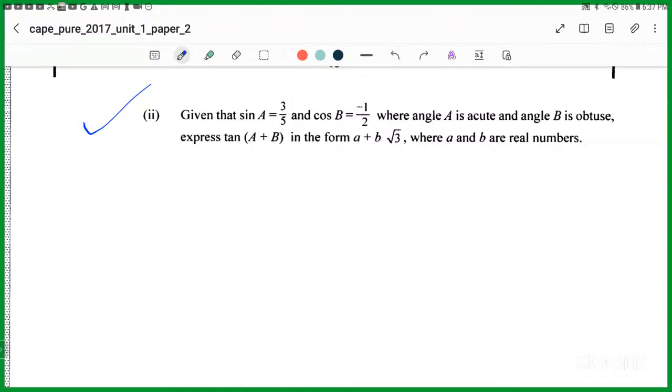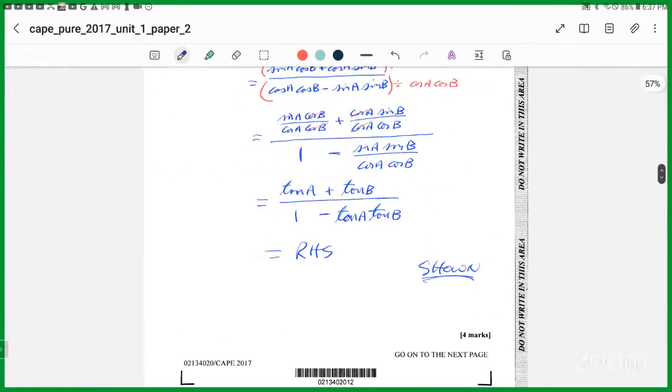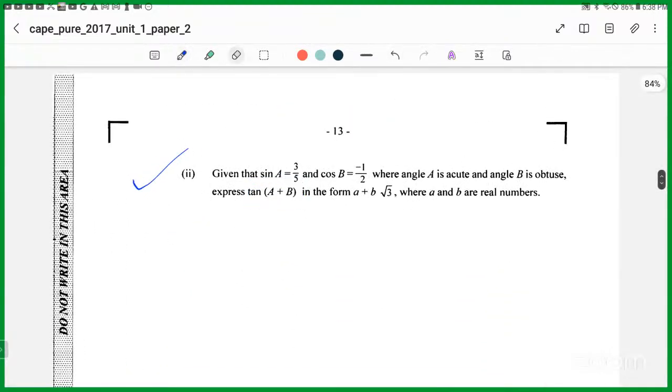I want us to express this in terms of that expression. We're going to expand this into what we just found a while ago up here. And so we need to find out what tan A is from that and what tan B is from that. Kind of straightforward.